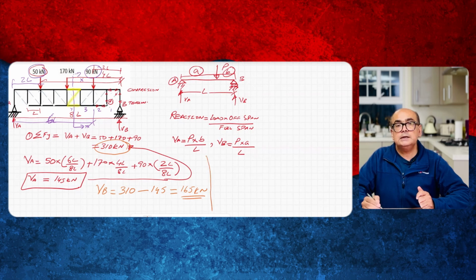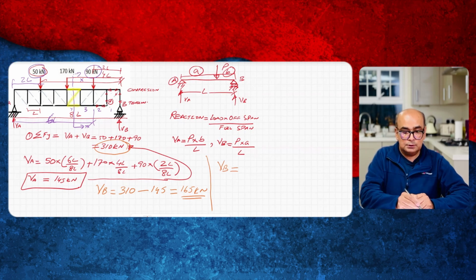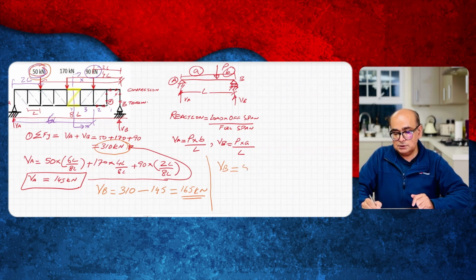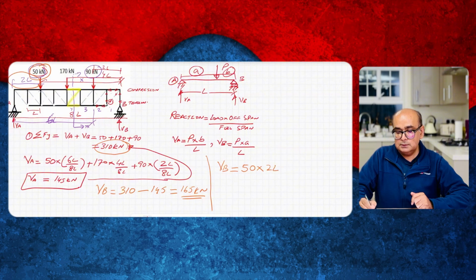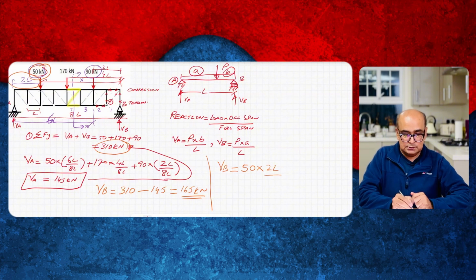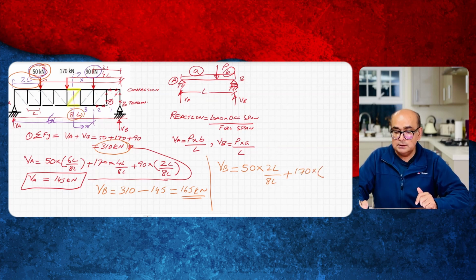This is one way. The other way is to use load times off span divided by full span for VB. So let's use that method to confirm that we are getting the right load or not. So VB is equal to load. I will take 50 kilonewton times off span for B, which is 2L, divided by full span, as you can see, 8L, plus another load 170, which is a central load located at the center of the truss.